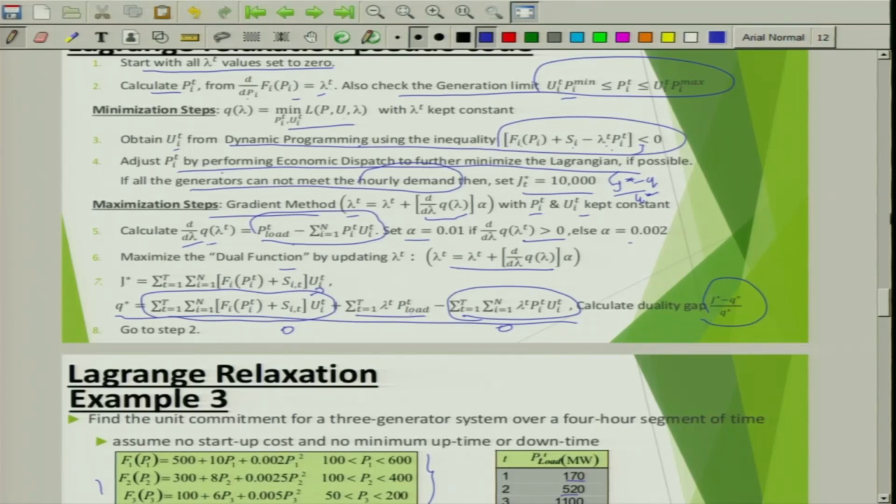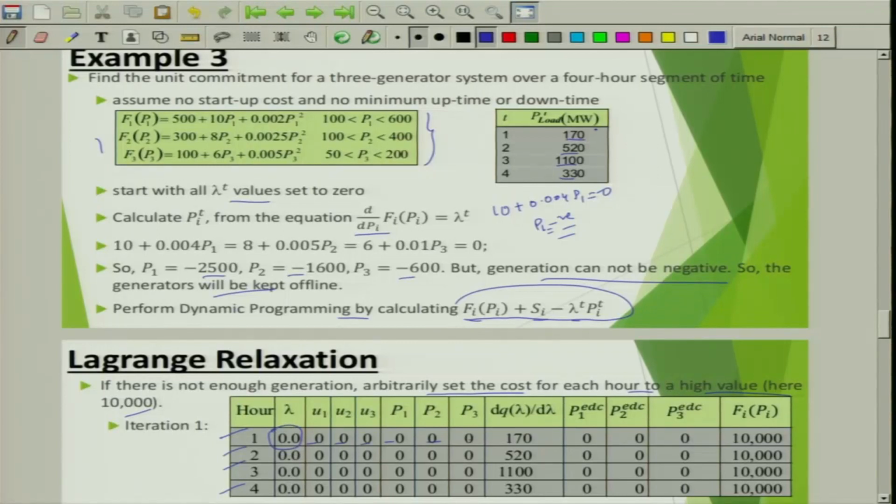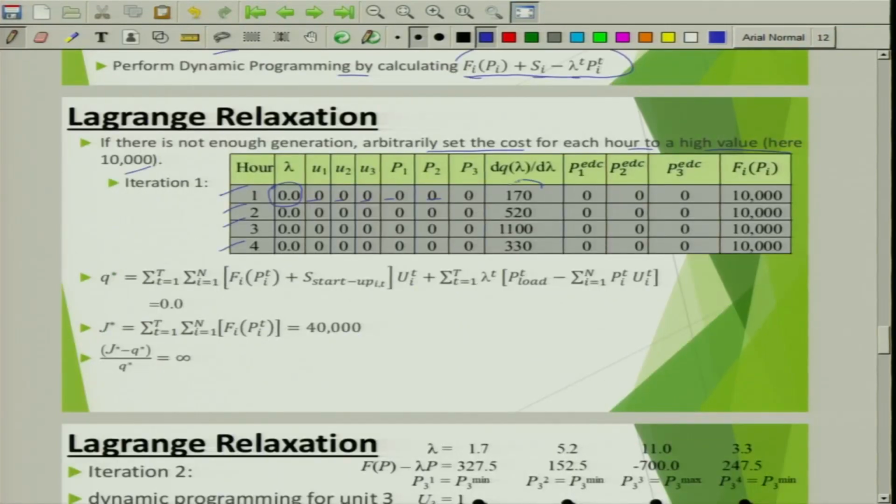So dq by d lambda is nothing but the load demand at each interval, that is what I have put here. You get these values, these are nothing but the load table, and this is P1 ADC, P2 ADC, P3 ADC. This indicates the generation you have got with respect to the assumed lambda. This table indicates the more optimized generation, after economic dispatch.